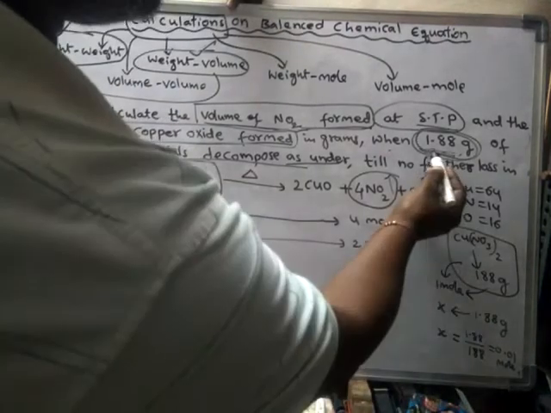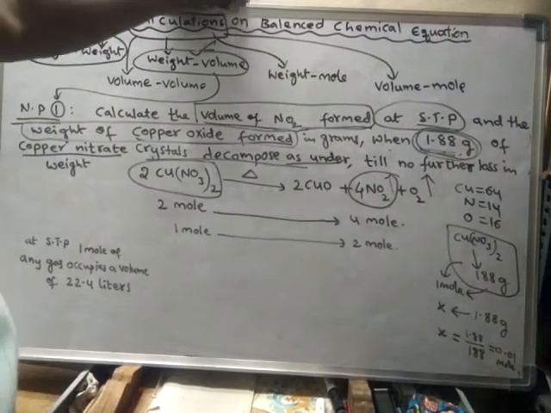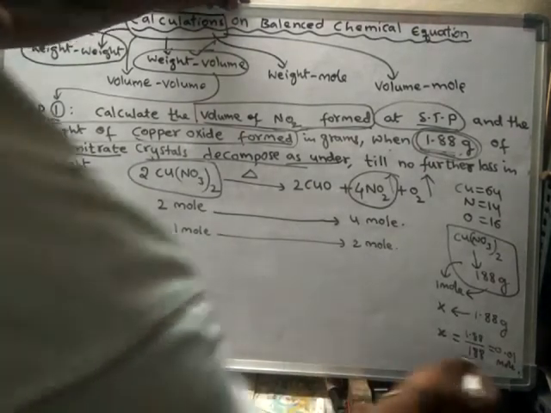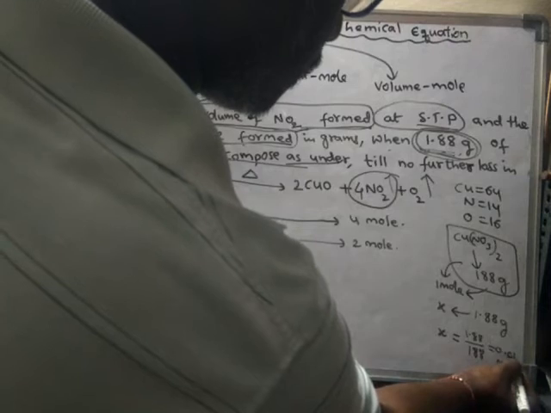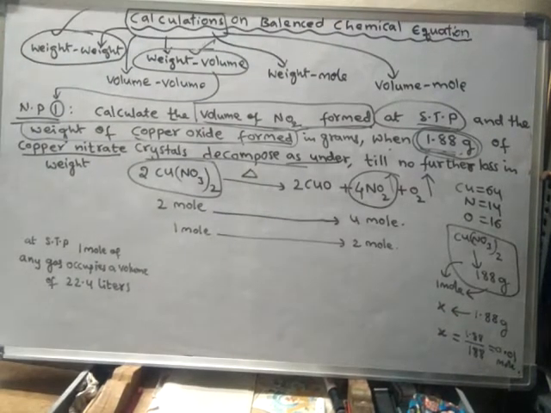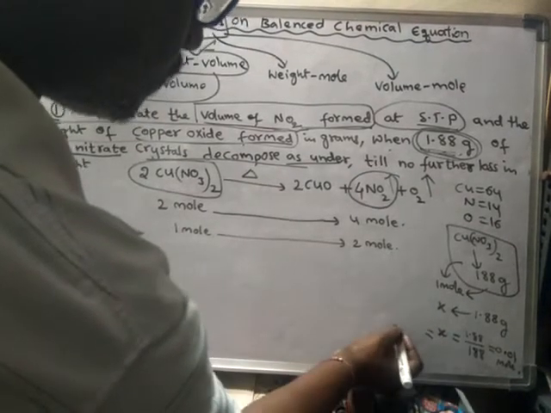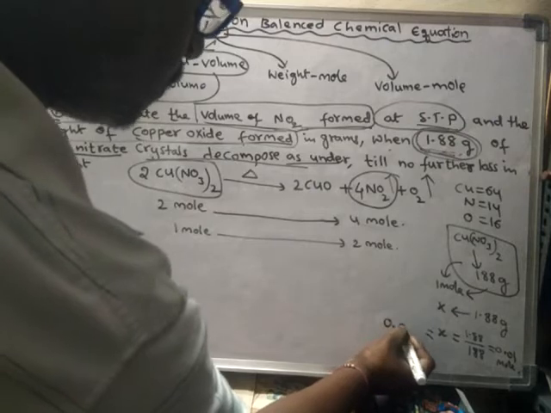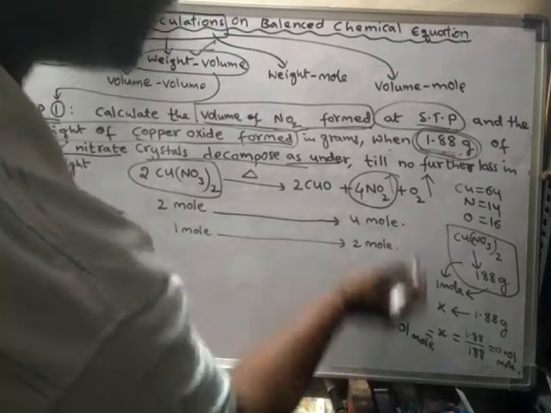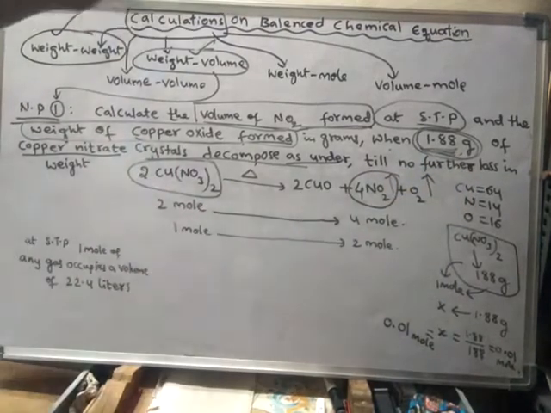That means 1.88 grams of copper nitrate is equal to 0.01 mole of copper nitrate.